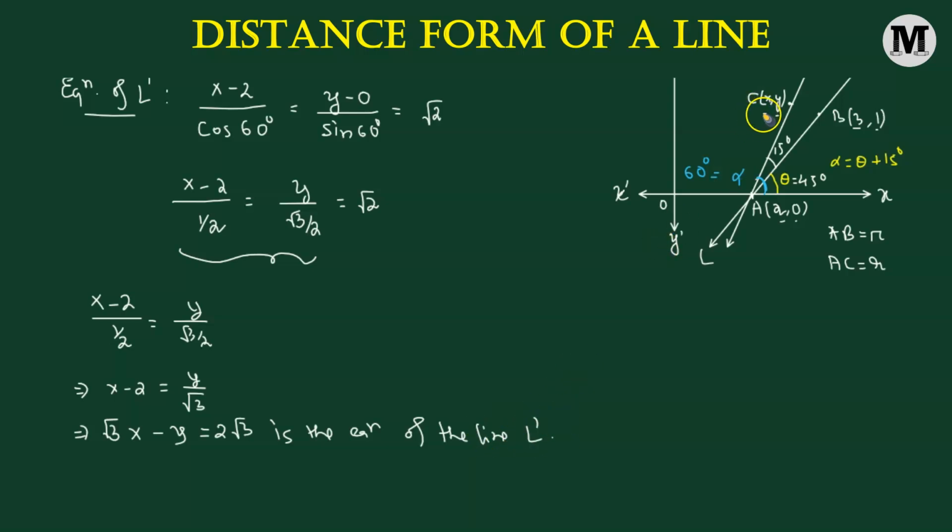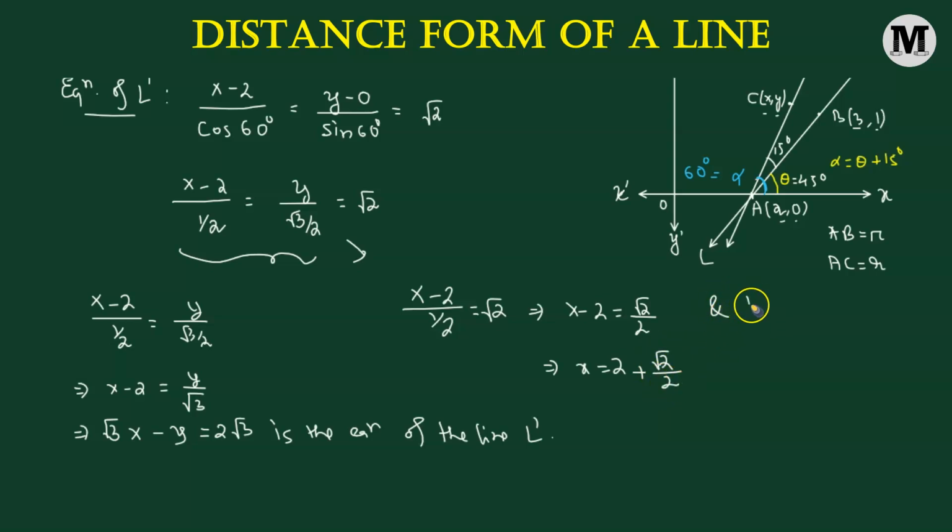We also need to obtain the coordinates of the point C. To find the coordinates of the point C, again we can take help of this equation. Here we take x minus 2 over 1/2 and equate it to square root of 2. That means x minus 2 equals square root of 2 divided by 2. Solving for x, we get x equals 2 added to square root of 2 divided by 2.